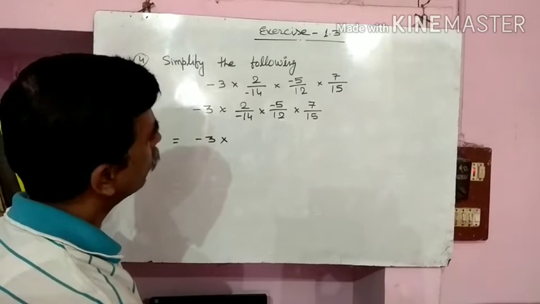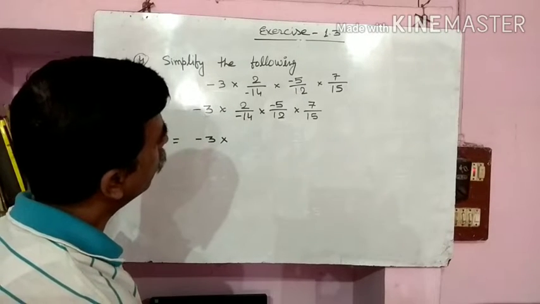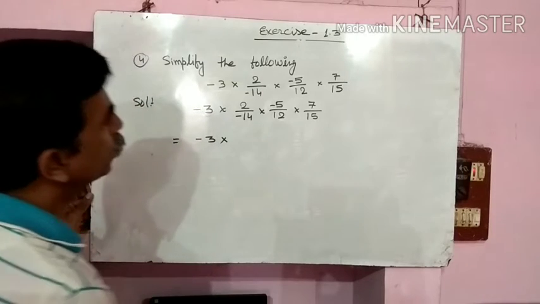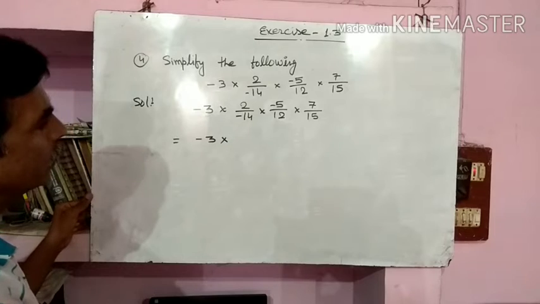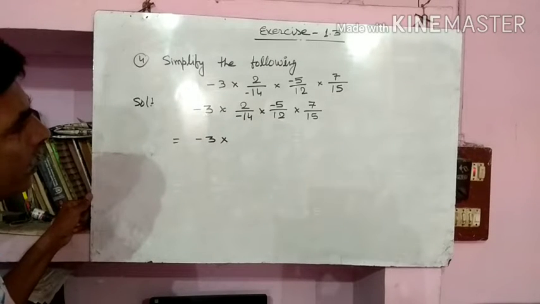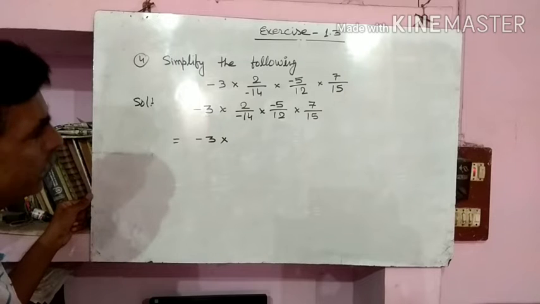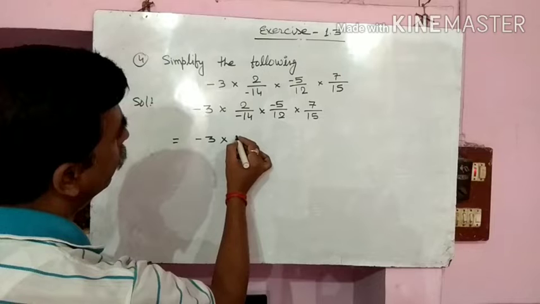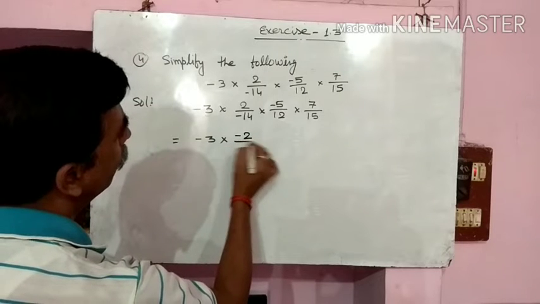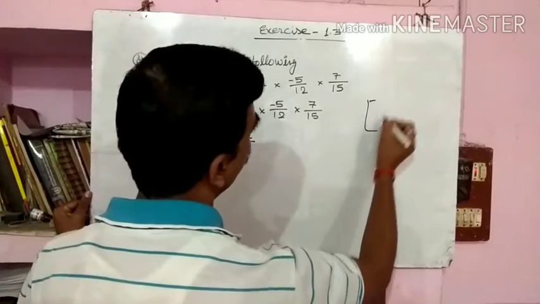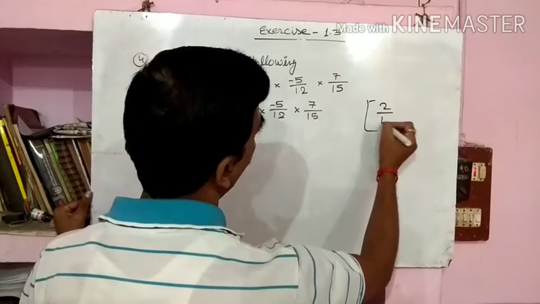Standard form of a rational number means the denominator should be positive. So by multiplying numerator and denominator by minus 1, you will get the denominator as positive, and you can write like this also. So it will become minus 2 by 14. Finally you will get like this, 2 by minus 14.